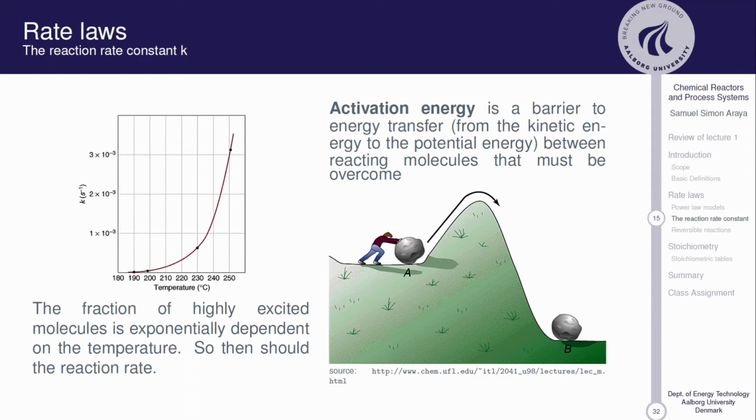As you can see in this illustration, it's like pushing a rock up a hill to the point where it can roll down. This is the barrier that you have to overcome in the case of chemical reactions.